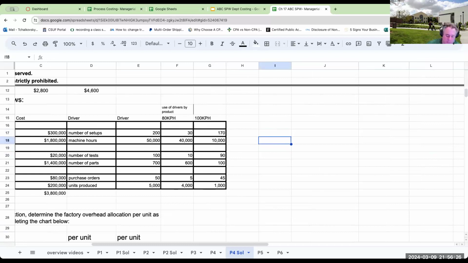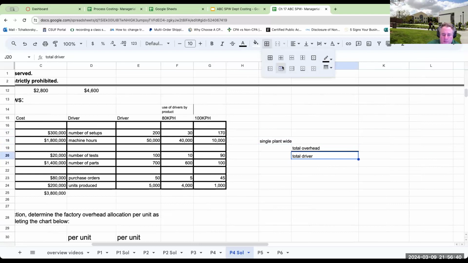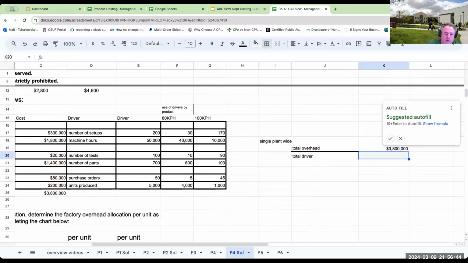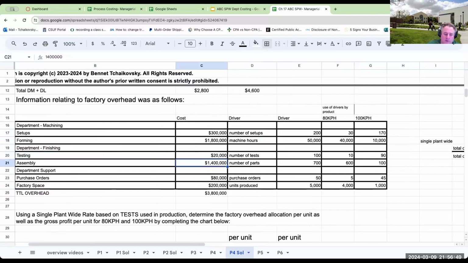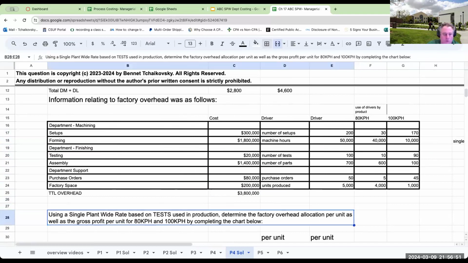So for single plant wide, what we're going to do is take the total amount of the overhead and divide it by my total driver. Okay. So single plant wide, I'm taking the total amount of my overhead of 3.8 million. And for the driver, I need to be told what I'm doing this on.